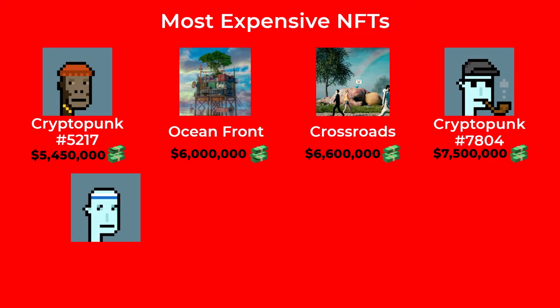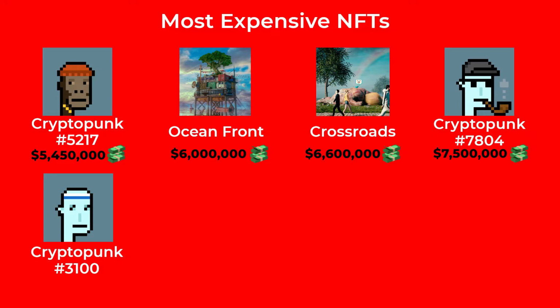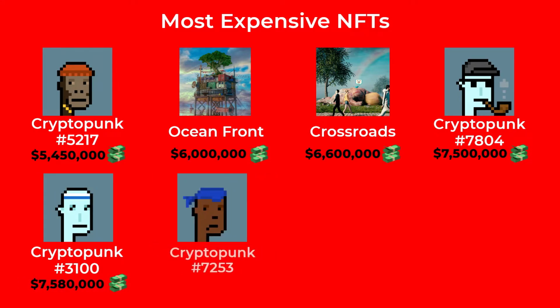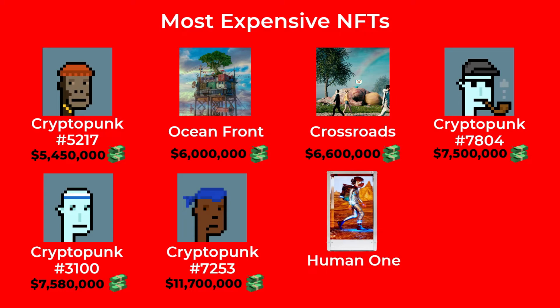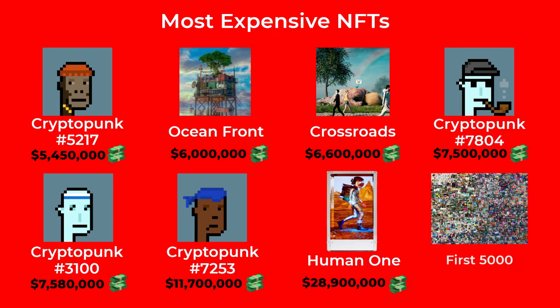We have also CryptoPunk number 3100 sold for $7.58 million. Another CryptoPunk, number 7253, sold for $11.7 million. Human One by Beeple sold for $28.9 million. And finally, we have Everydays: The First 5000 Days by Beeple, which was sold for $69 million US, making it the most expensive NFT ever sold.